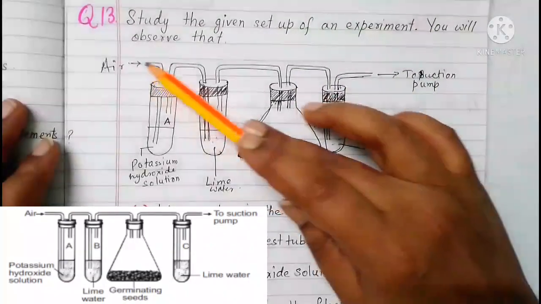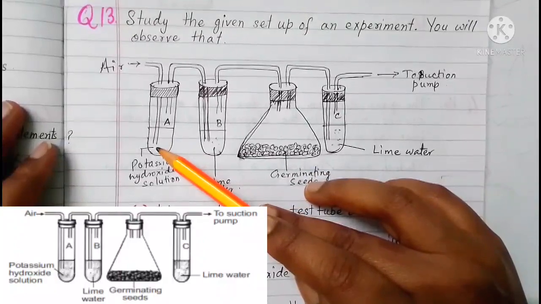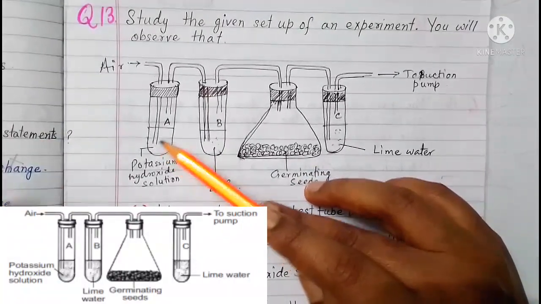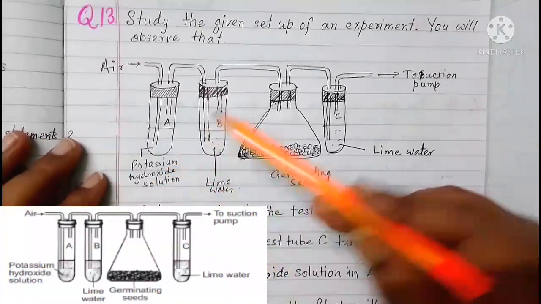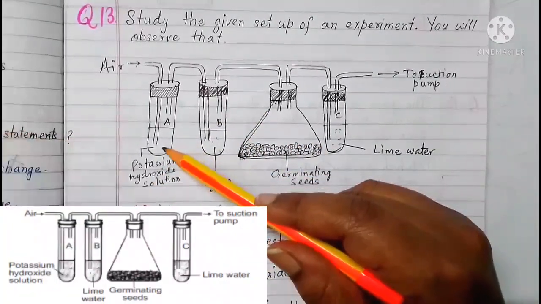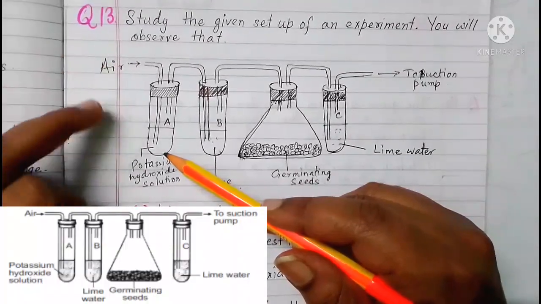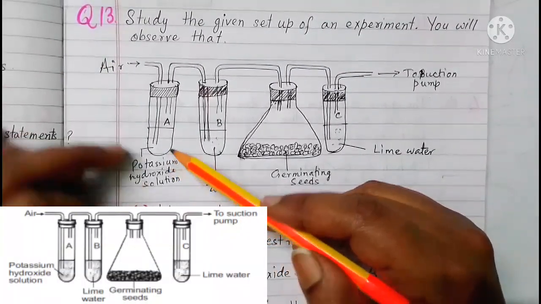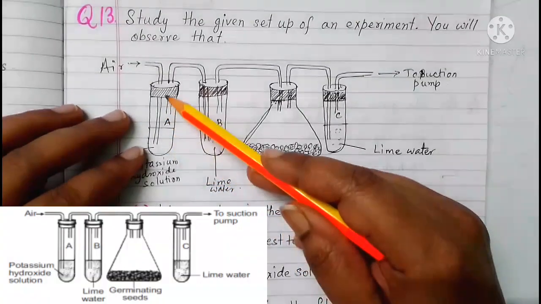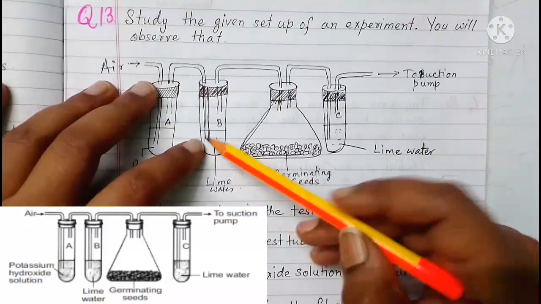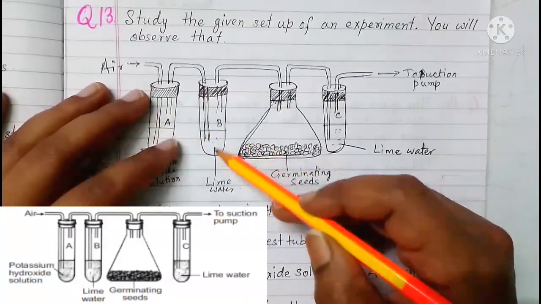Now air, if it enters here, contains majorly oxygen to react with the KOH or potassium hydroxide. As far as I know, there is no such major reaction happening between air and potassium hydroxide. So there is nothing to be released from here to this one, and lime water will not react with anything.